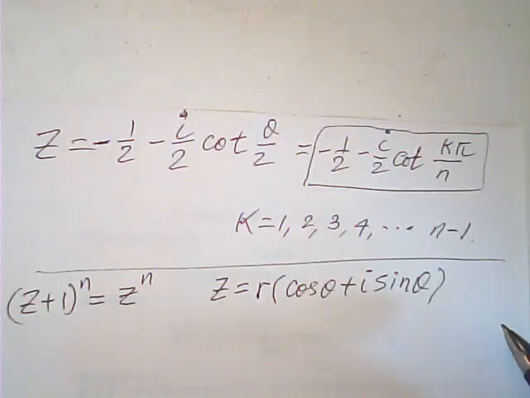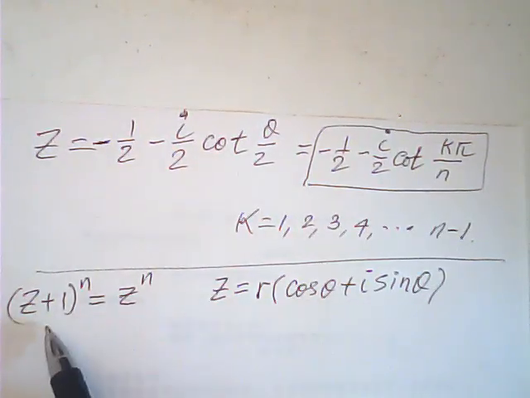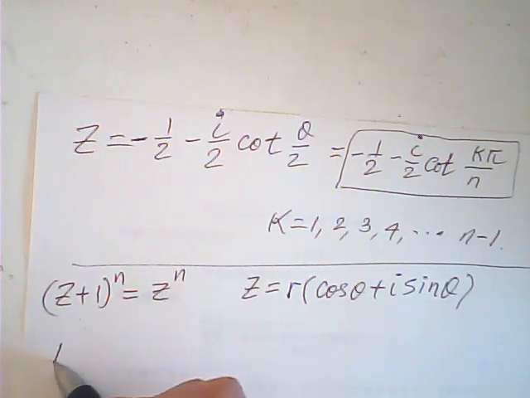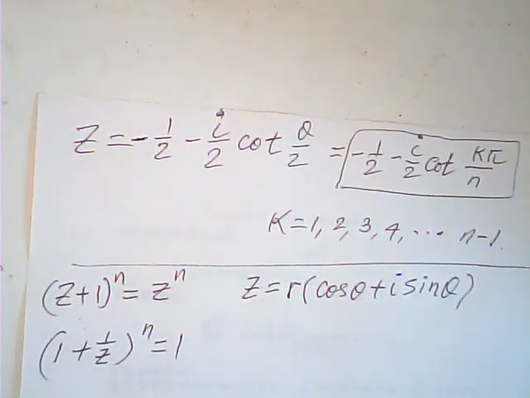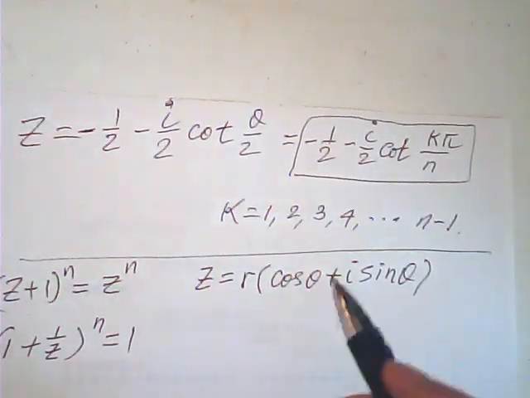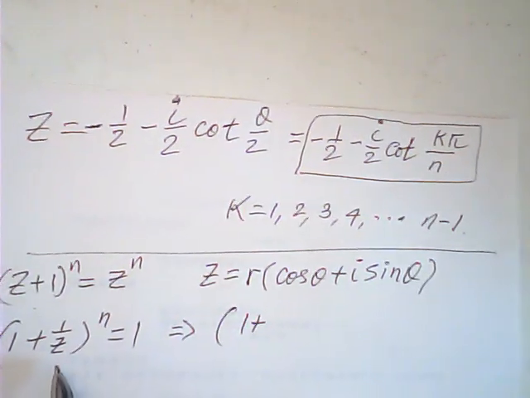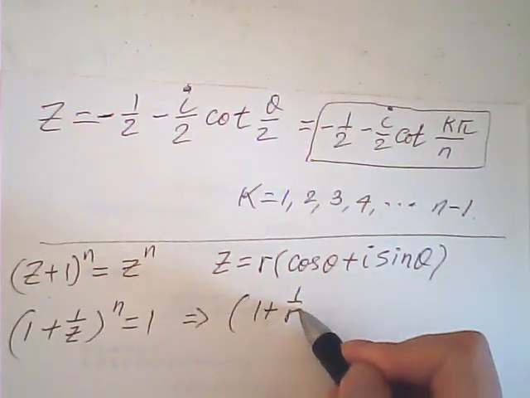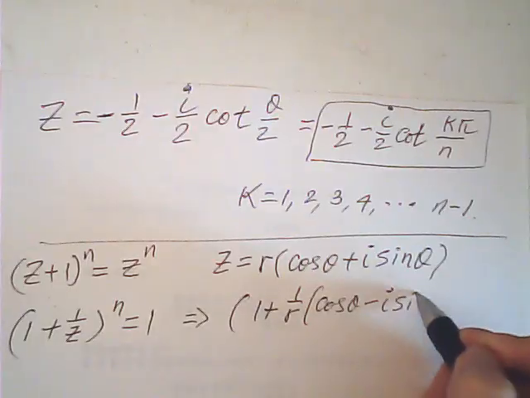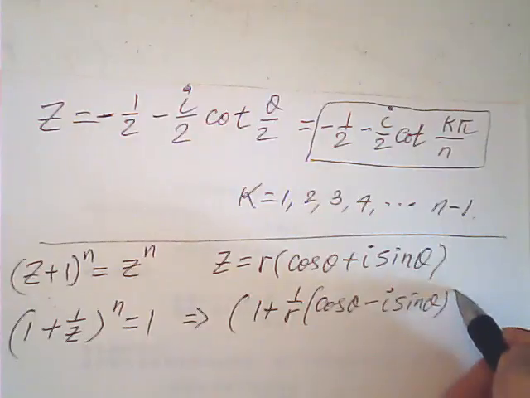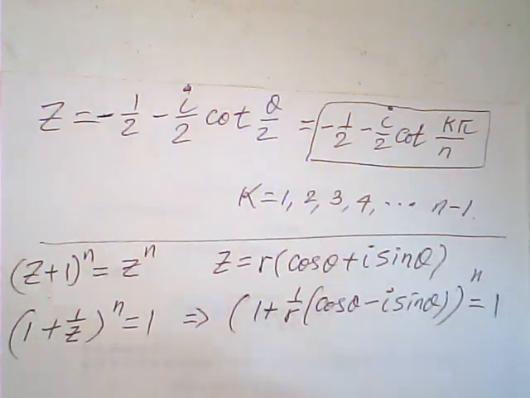Then this one moves there, right? You have (1 + 1/z)^n equal to 1, which means (1 + 1/z)^n with 1/z equal to (1/r)(cosine theta minus i sine theta), to the n is equal to 1.